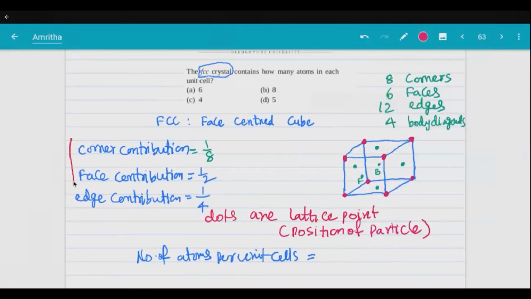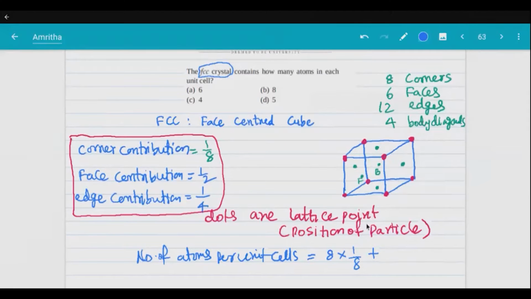If you place an atom, molecule, any particle at a corner, that is common to 8 other unit cells. So now if you see this, we have corner atoms, 8 corners, 8 red dots, but the contribution is just 1/8 part only. Each corner atom, just 1/8 part belongs to this particular unit cell.